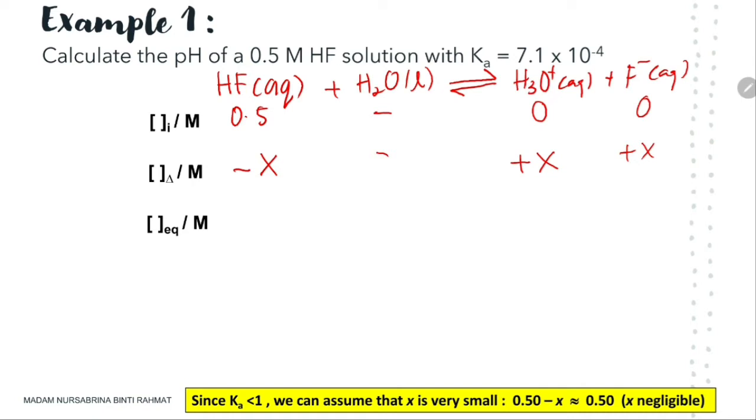Add both initial and changes to get the equilibrium concentration. So 0.5 minus X, plus X and plus X.